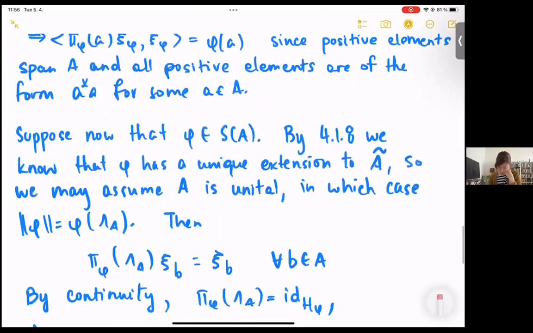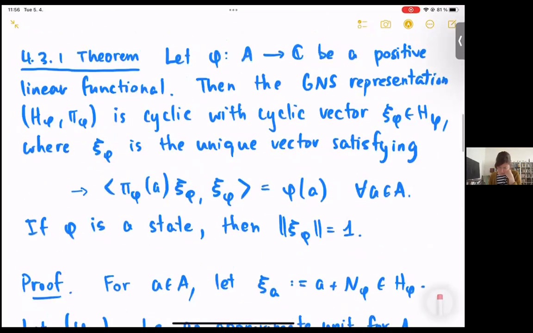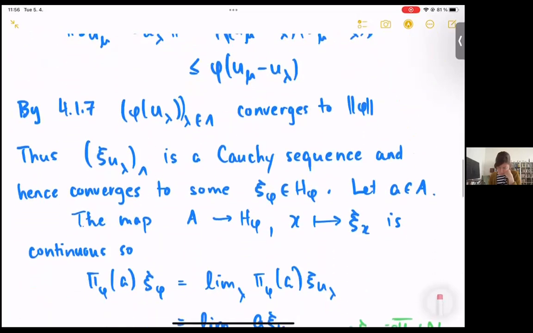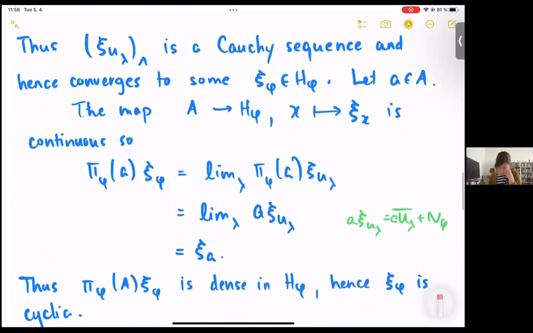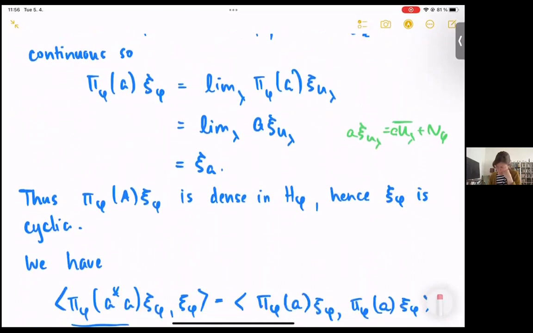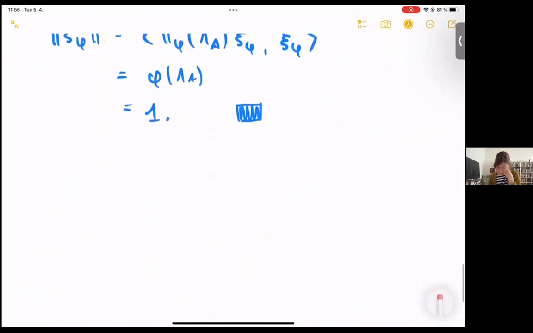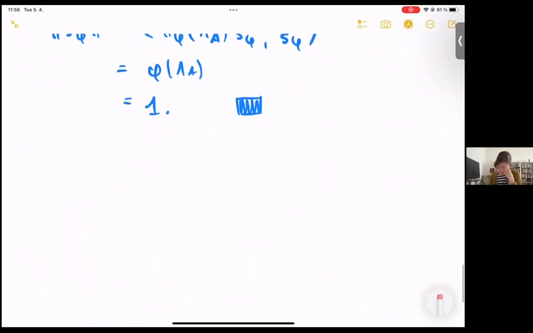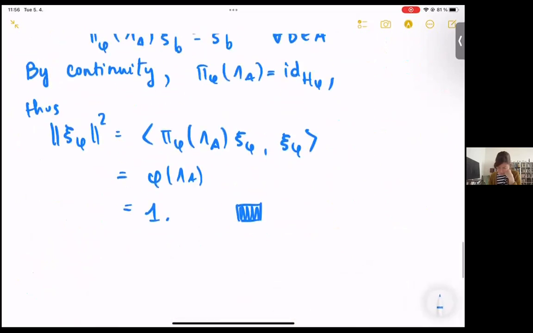Let's see. I think you won't get the exact same vector. You will get, but will you get the same state?